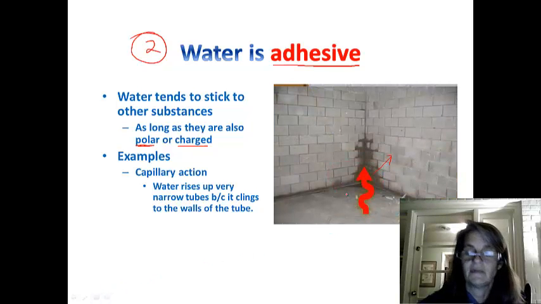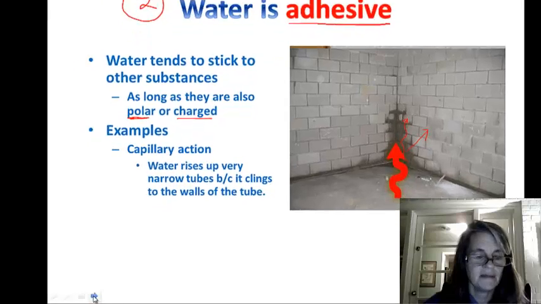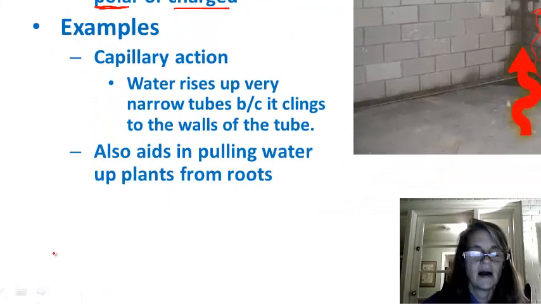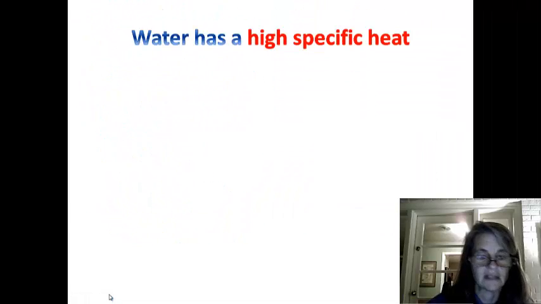Even this leaky basement, there are all the little pores and tubes and so on of the concrete. The water just meanders up into that because of water's attraction for the cinder block. Okay? Now, again, this is another thing that also aids in pulling water up plants from the roots, and we'll talk again more about this when we get to plants.